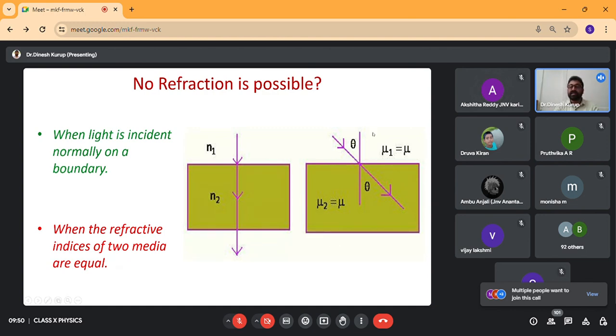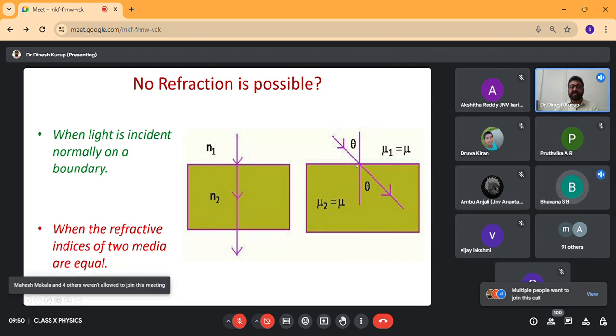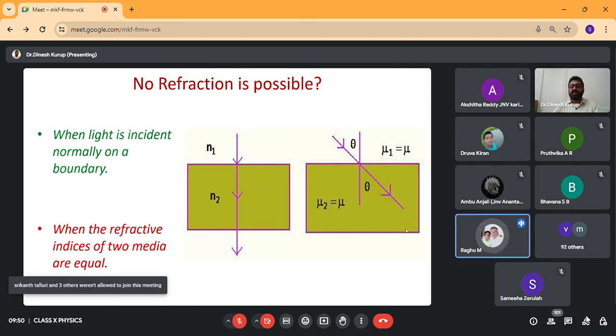And see this block. Can you identify anything in this block? Yes, sir. The incident ray is slanted. Yeah, the incident ray is not changing its direction. There is no bending. What is the reason for that?